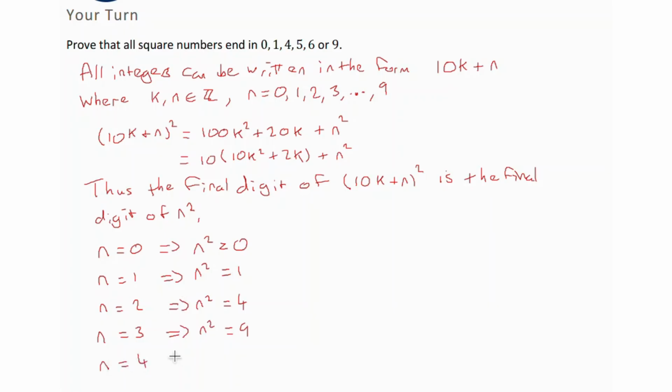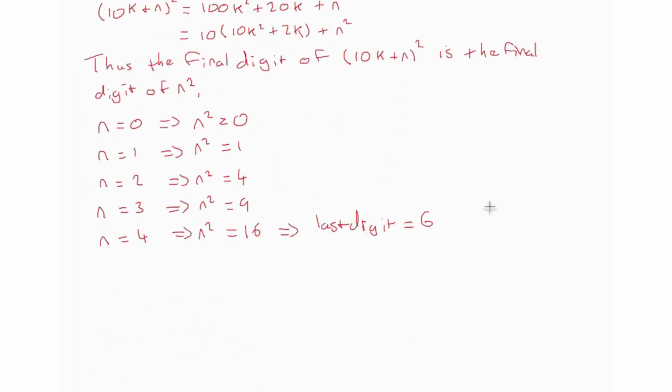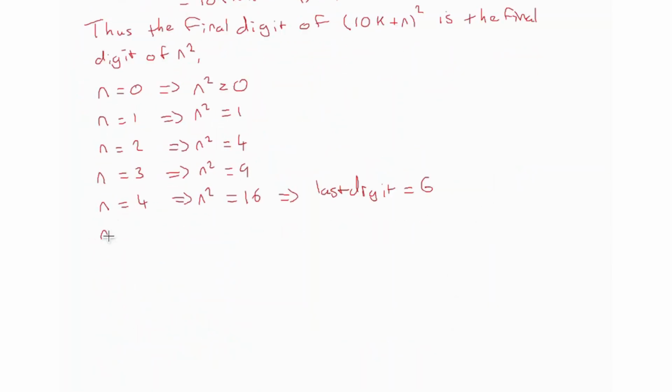When n is equal to 4, n squared is equal to 16, which means the last digit is 6. When n is equal to 5, n squared is equal to 25, which means the last digit is equal to 5.